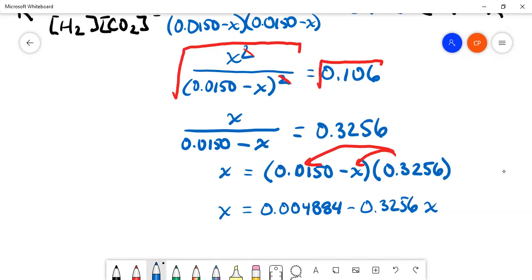Well, I can swing this term in x over to the left. It'll be 0.3256x plus, what's the coefficient right there? It's an implied 1. So 1 plus 0.3256.